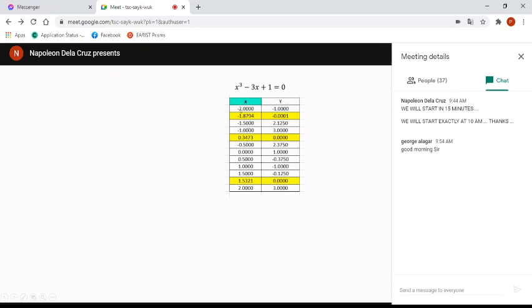Nandiyan pa rin yun, negative 2, negative 1.5, negative 1, negative 0.5, and so on and so forth. Then solve for this. Ayun yun. Okay, tignan. Kung ito yung root, sinubstitute doon, ang value nito is negative 0.0001, almost equal to 0. Kung ito yung root, ano ang value? 0. So, equal to 0.